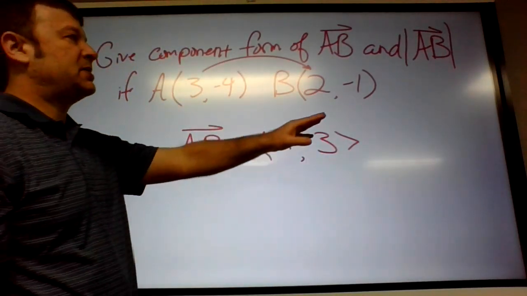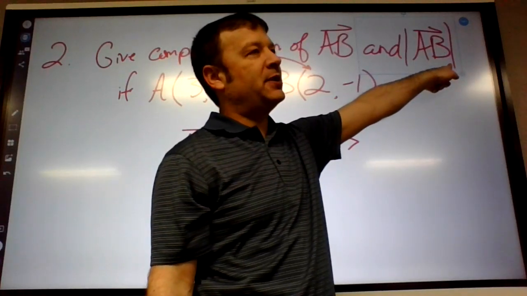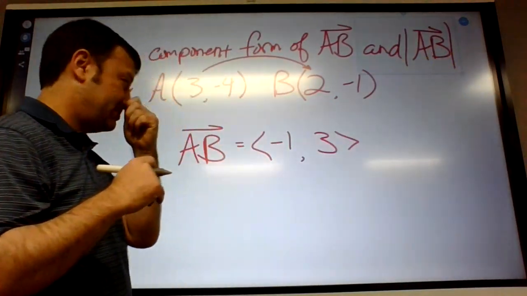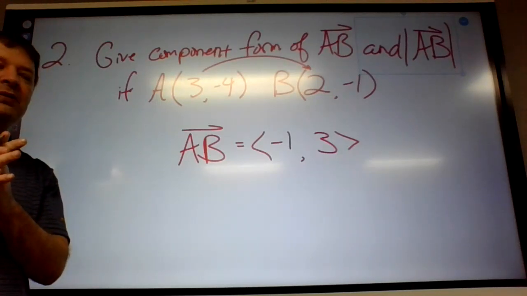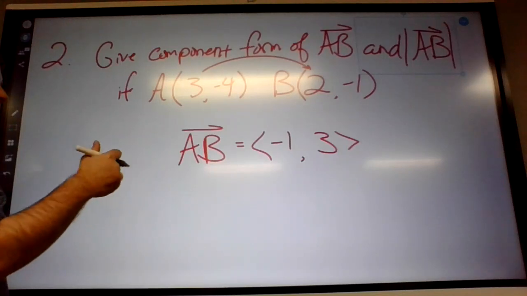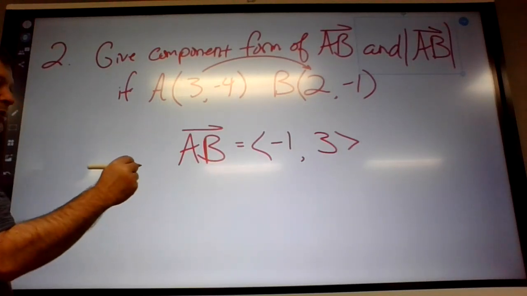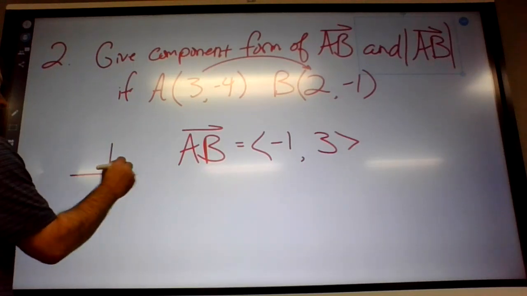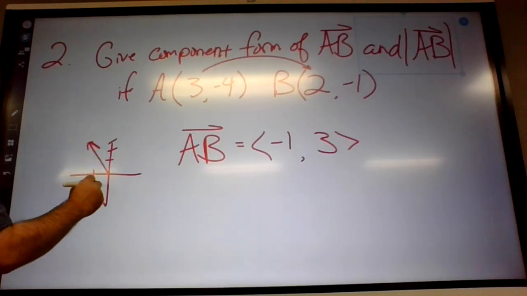Okay, what did this symbol right here mean? Magnitude. And how do we find the magnitude? It means the distance, and how do we find it? Just square plus square, and then the square root of that. If we did draw it, it's 1 to the left and 3 up, so it looks like this.